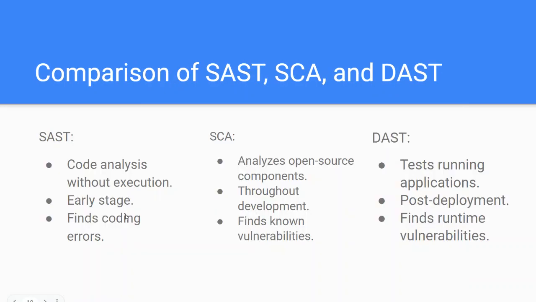Now, a comparison of SCA, SAST and DAST. Before doing the comparison, SAST, SCA and DAST each have a different role in the testing of your application. By using all of these, you can make your application very secure and complete.